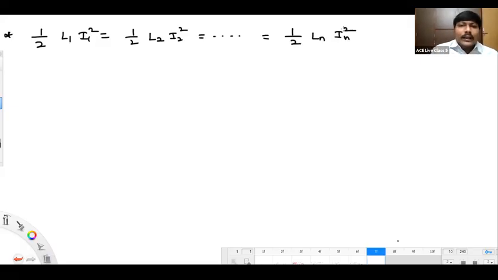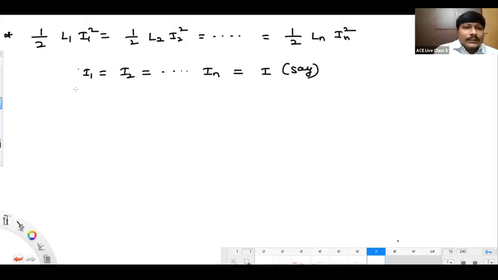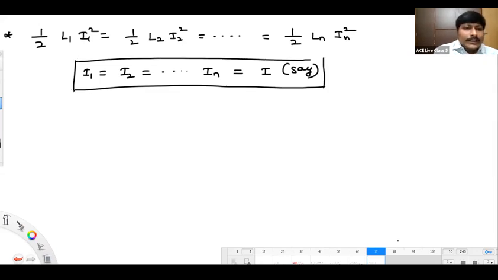Already we said all the inductance values are equal, so you can cancel them and get the currents I1, I2 and so on up to In are equal. Let's say it is the current I in any one of the sections.